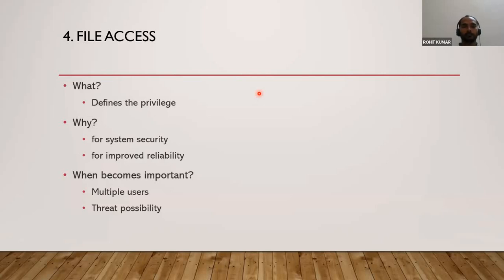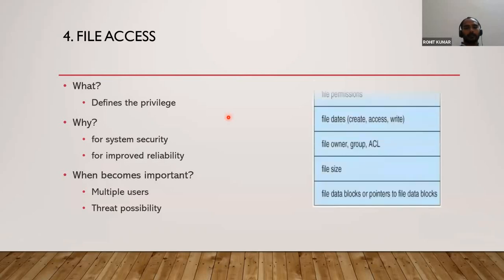So if you have the threat possibility, you are supposed to maintain system security. Here you can see the file control block concept. There are different sorts of permissions that are attached to a specific file.